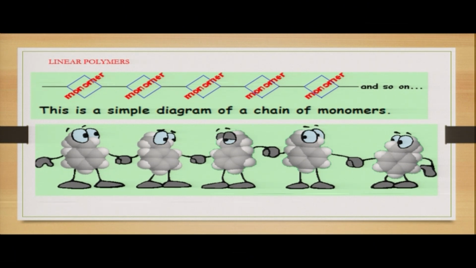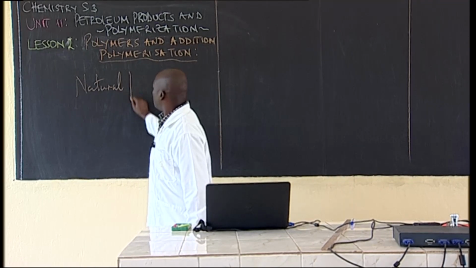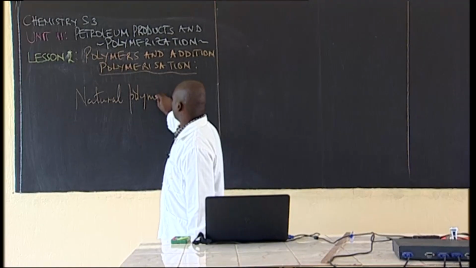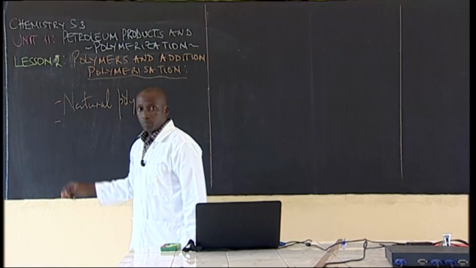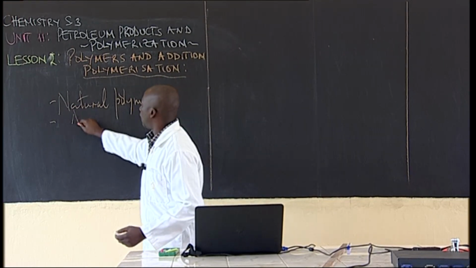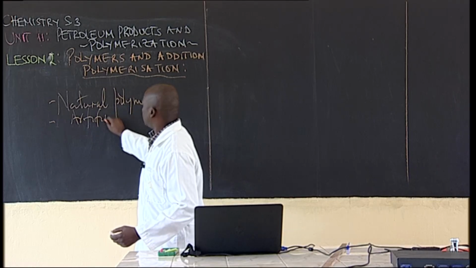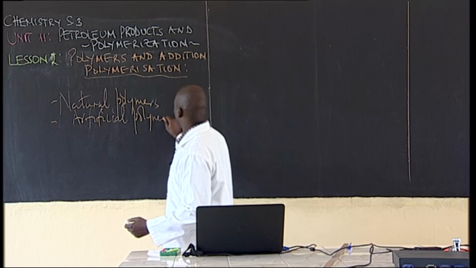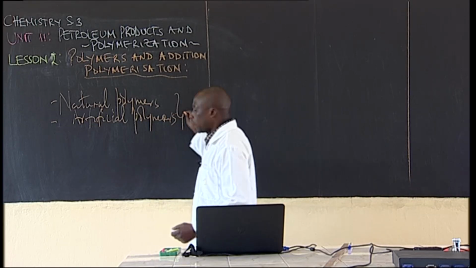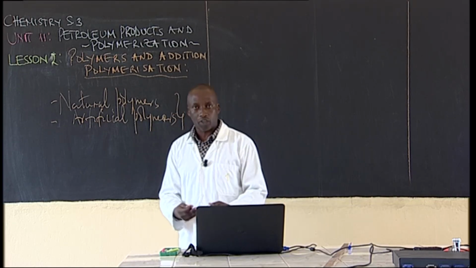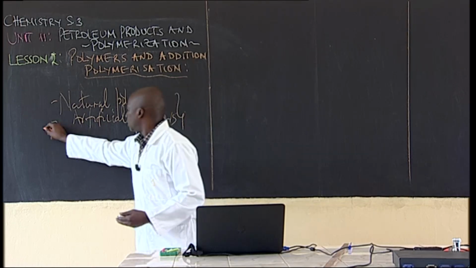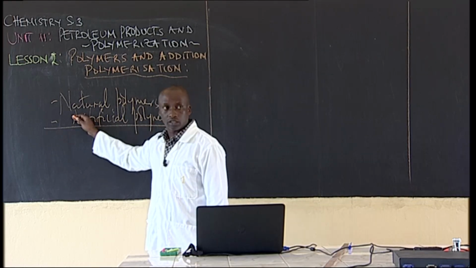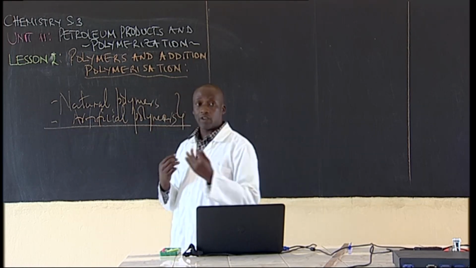We have natural polymers. This is one classification. We have artificial polymers.